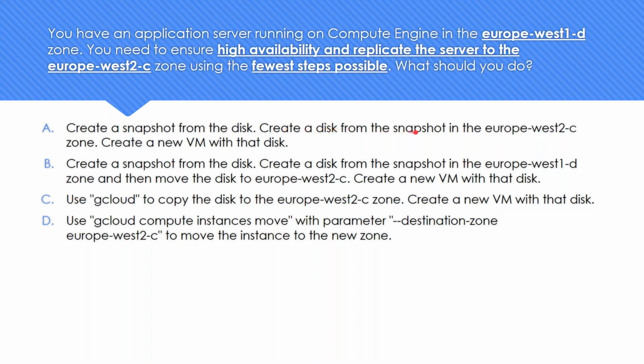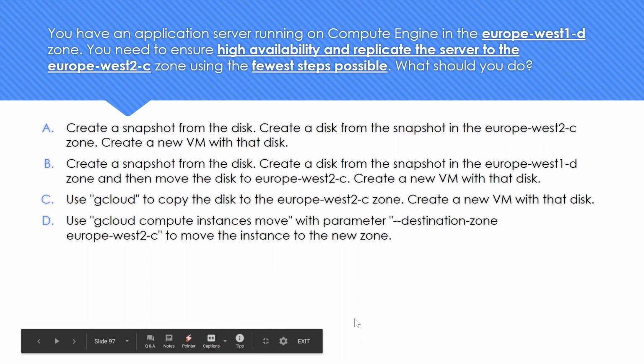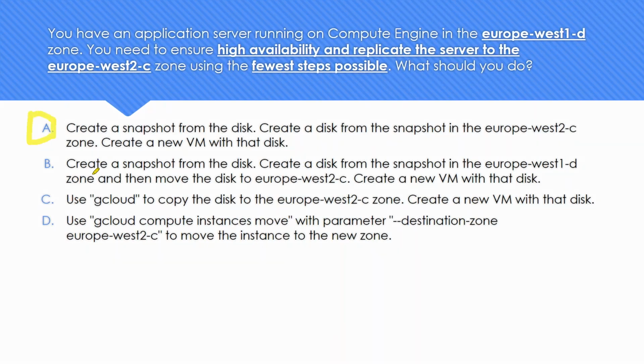Create a disk from the snapshot. Yes, you have to create it because it's going to be in a compressed form in London zone. Then create a VM with that disk. Simple, right? This is in our demos also. Looks like a straightforward option, no rocket science. So looks like a possible option. Let's just mark it and see if there is anything better than this.